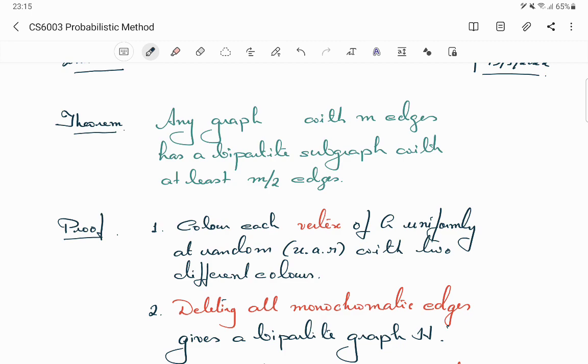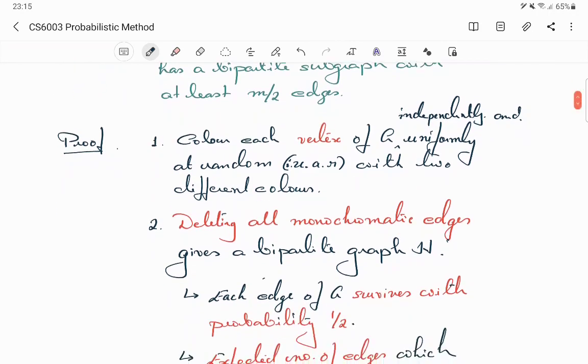This process is repeated independently for each vertex. So we color each vertex of G independently and uniformly at random with two different colors.